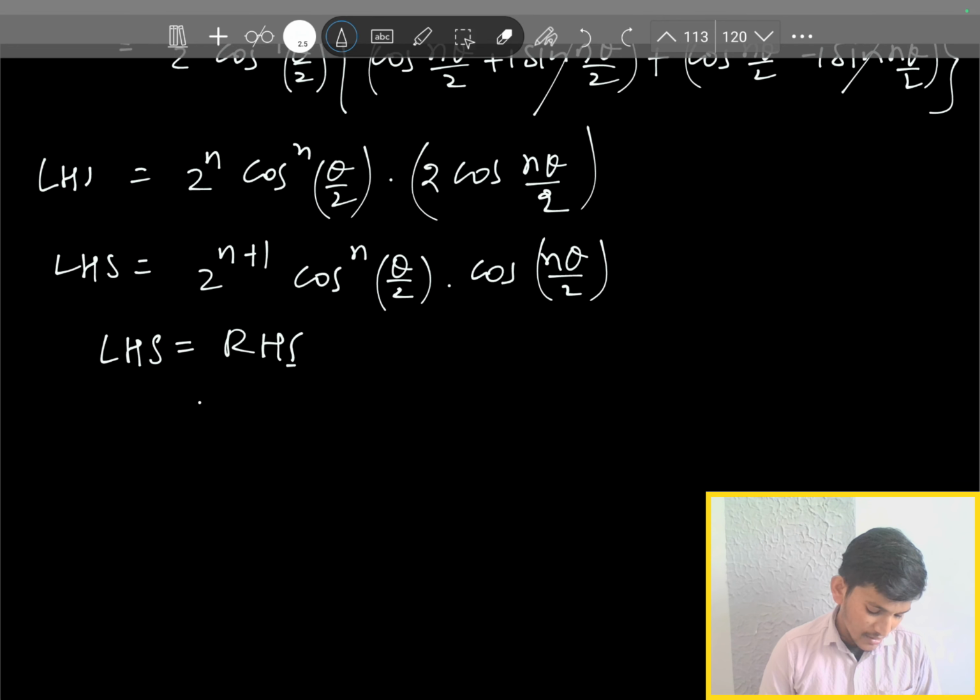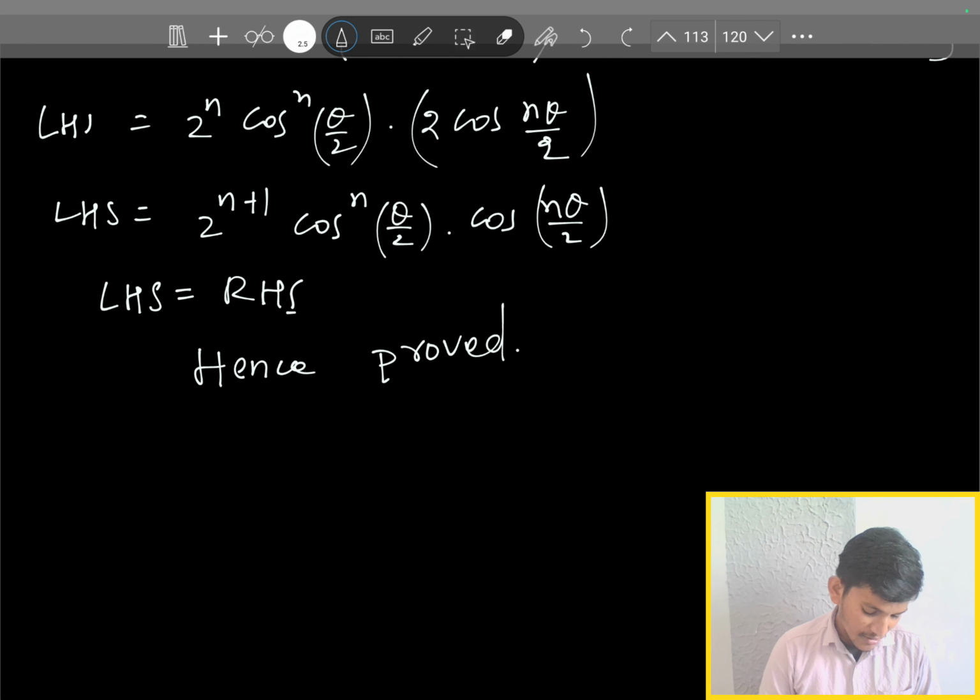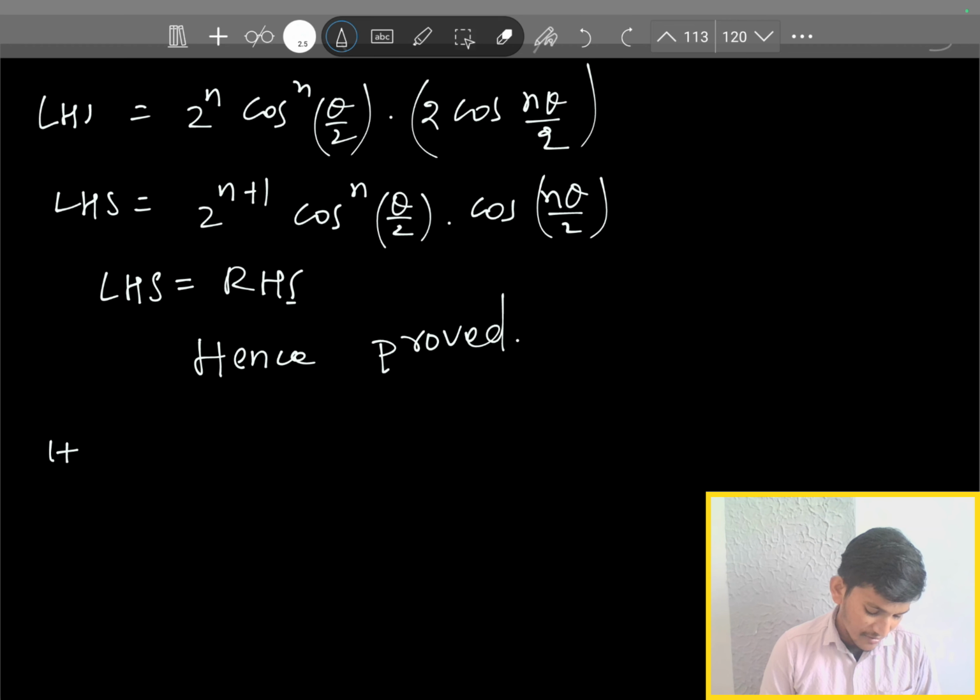This is nothing but our right hand side. Therefore, left hand side equals right hand side, and hence the given statement has been proved.